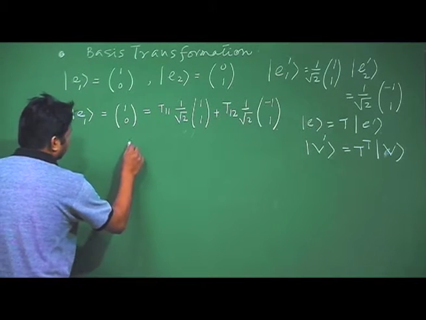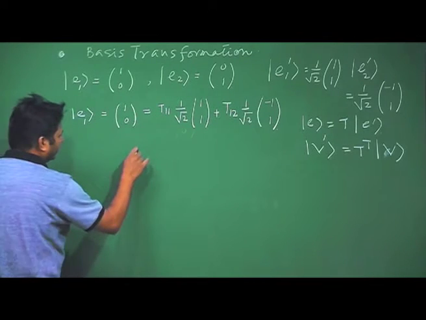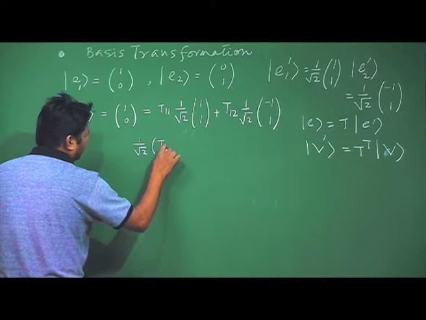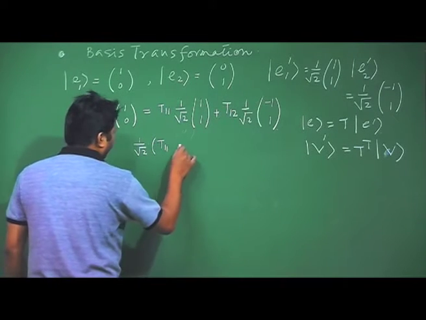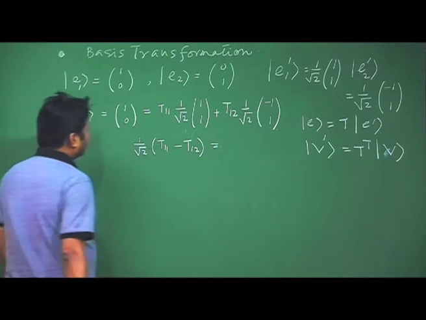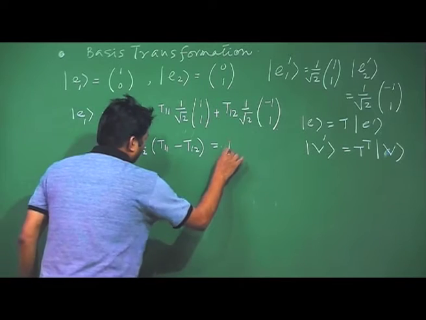So, if I write the equation from here, I can have two equations. 1 by root over 2, if I take common, then T11 minus T12 is equal to 1, that is my equation 1.